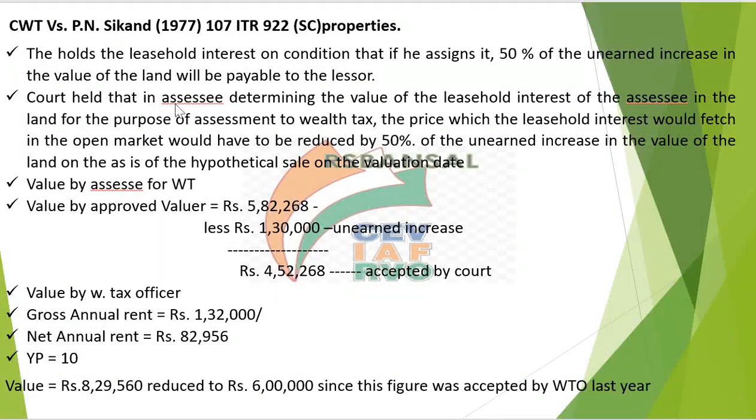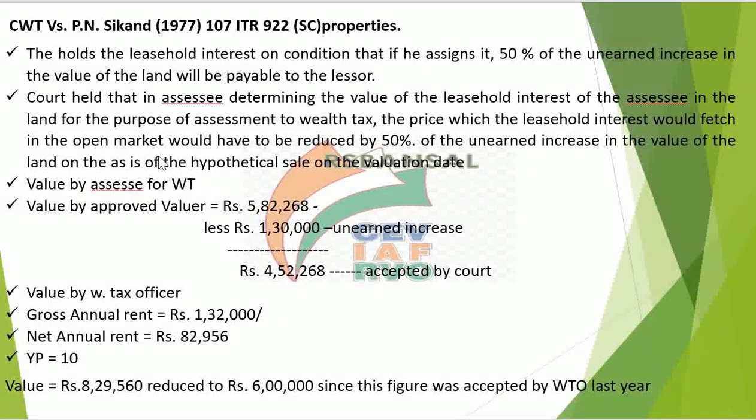So the court held that in determining the value of the leasehold interest of the assessee in the land for the purpose of assessment to wealth tax, the price which the leasehold interest would fetch in the open market would have to be reduced by 50% of the unearned increase in the value of the land on the basis of a hypothetical sale on the valuation date.